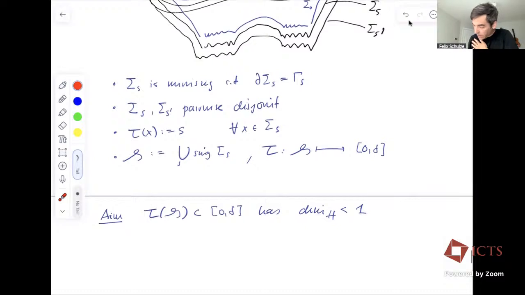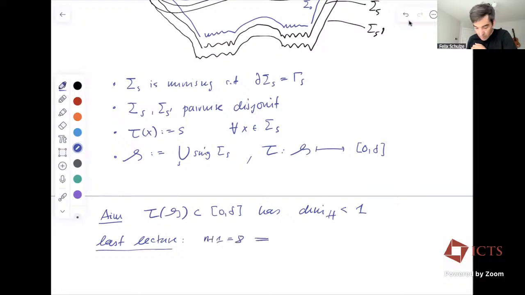What we did in the last lecture, we proved actually more. I said this goes back to these ideas of Hardt and Simon. If n plus 1 is equal to 8, then we argued that this combined singular set S, let's say not this here, sorry, right, this tau of S is discrete.